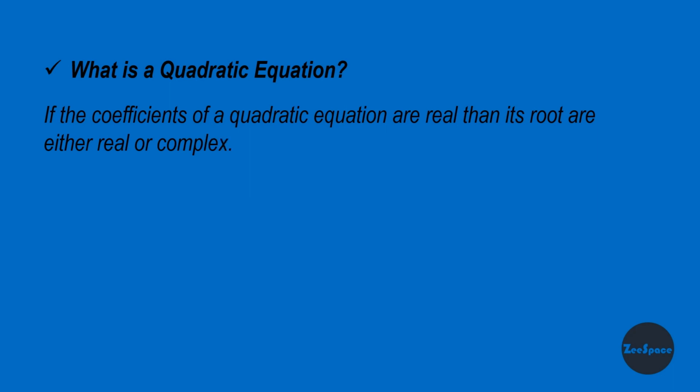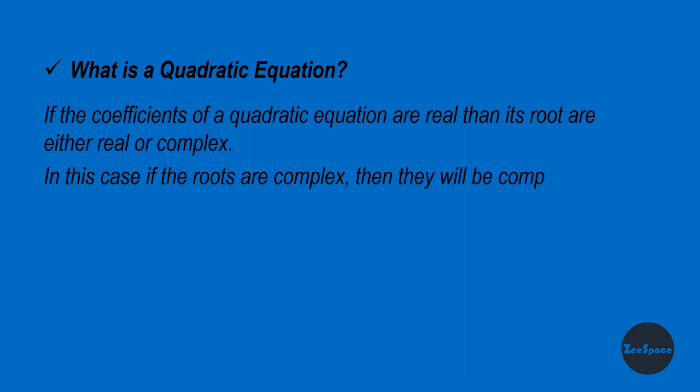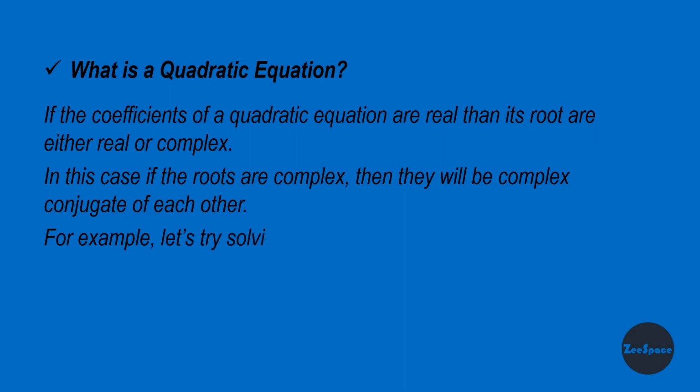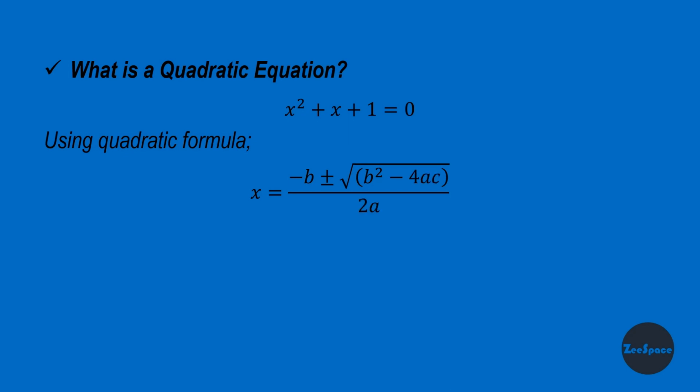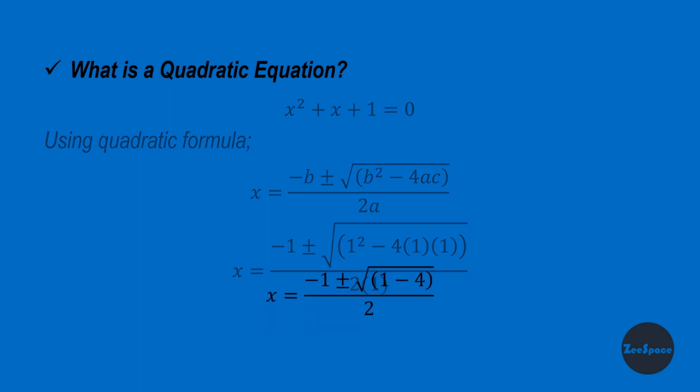If the coefficients of quadratic equation are real, then its roots are either real or complex. In this case, if the roots are complex, then they will be complex conjugate of each other. For example, let's try solving this quadratic equation, x squared plus x plus 1 equals 0, using quadratic formula. x equals minus b plus minus square root of b squared minus 4ac whole divided by 2a.